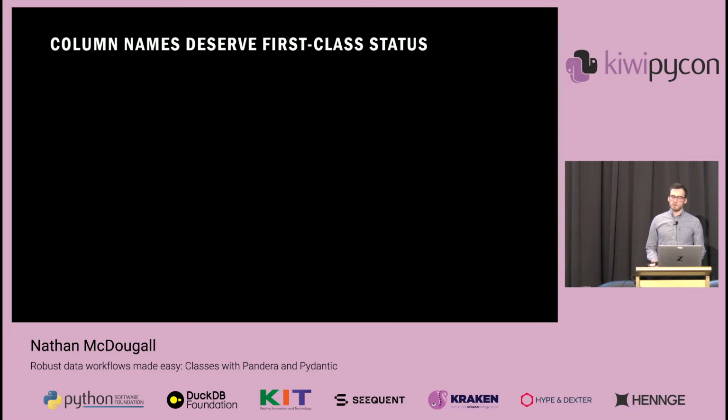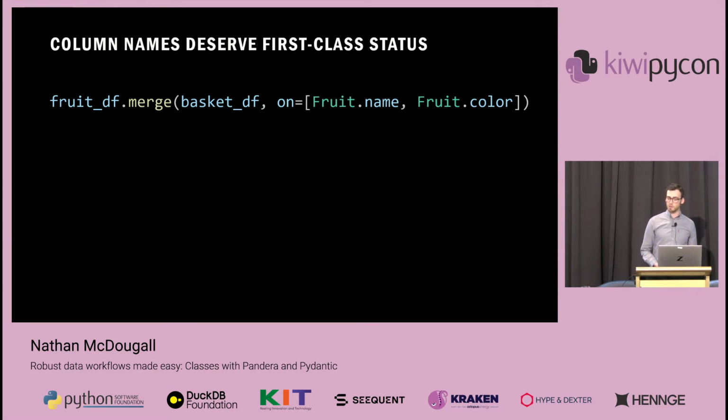The thing with column names, and one reason why we probably want to do it this way, using sort of get item syntax rather than attribute syntax, is because column names for tabular data structures are actually quite important to be able to access in their own right as first-class objects. For example, with merges, we will specify a list of the column names that are used in the merge.